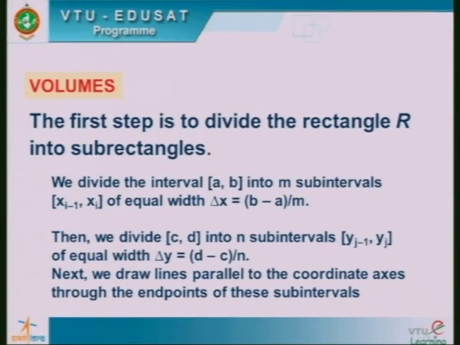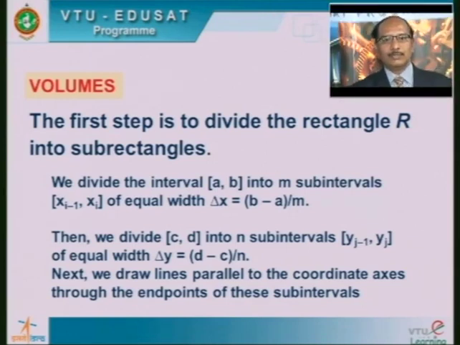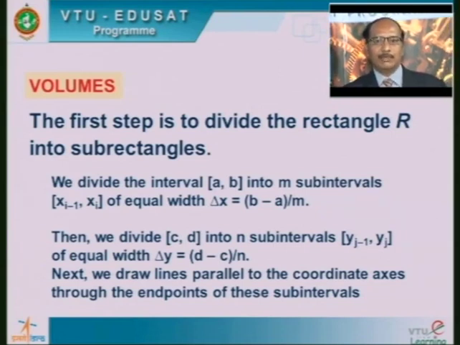For j equal to 1, it is the first interval, y0 to y1. Similarly, j equal to 2 gives y1 to y2, the next interval along the y direction, then y2 to y3, y3 to y4 and so on. j equal to n gives y_{n-1} to y_n, the last interval along the y direction. Each interval has width delta y, taken as (d minus c) upon n.